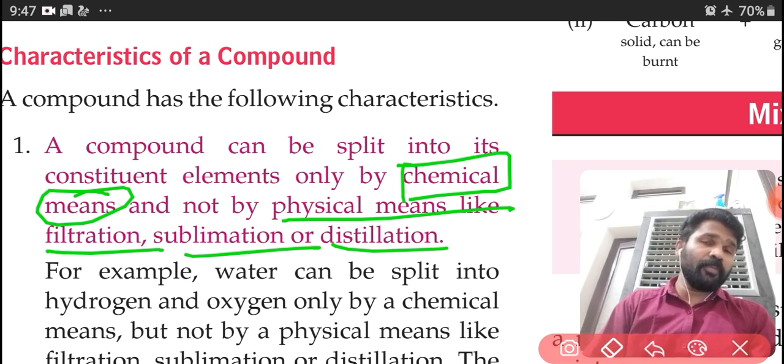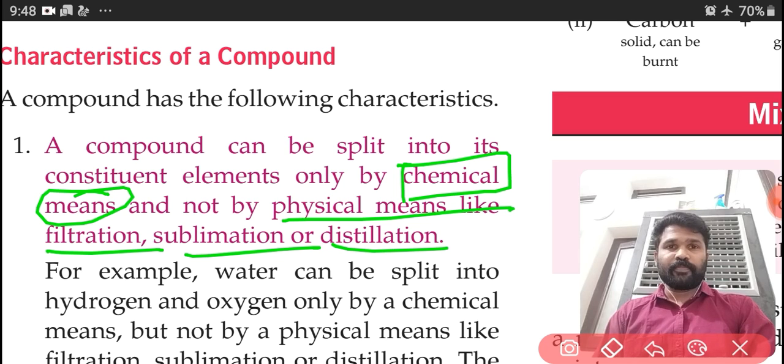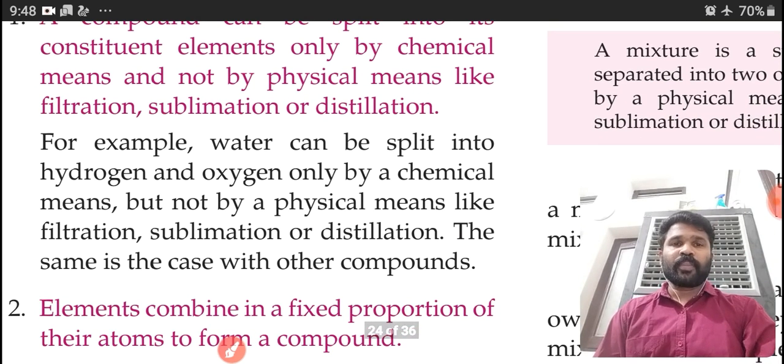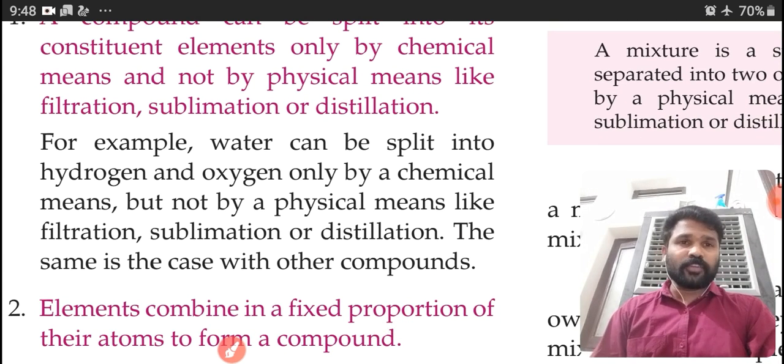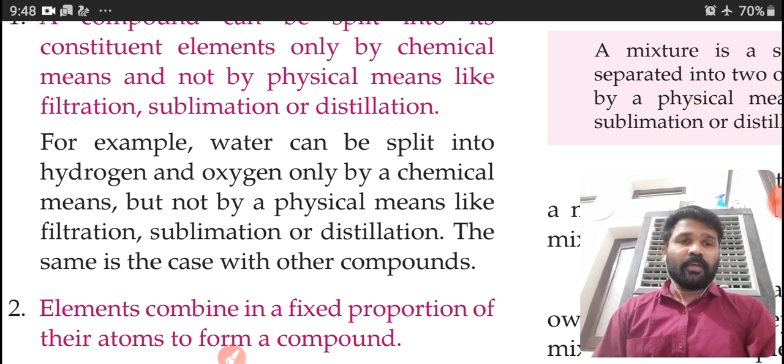A compound can be split by chemical means only. For example, water can be split into hydrogen and oxygen only by chemical means but not by physical means like filtration, sublimation or distillation. The same is the case with other compounds too.